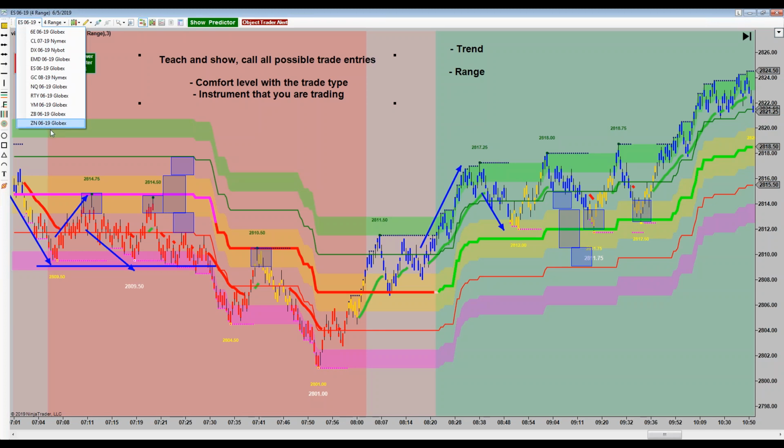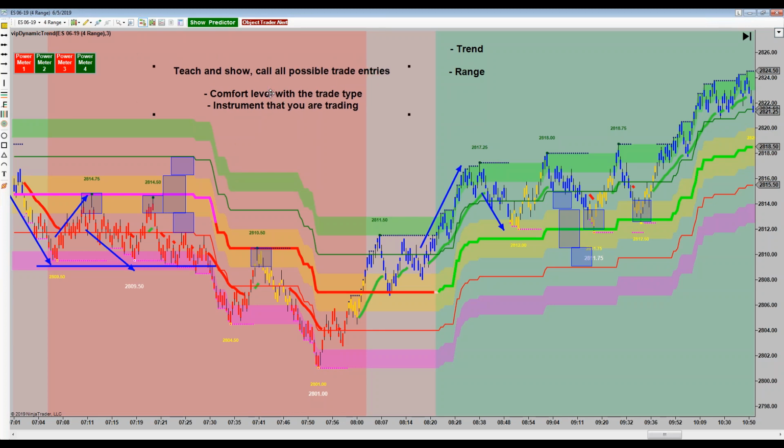MES is, and we'll talk about this more next week, the micro, which is 1/10. So right now, each point on here is $50. 4 ticks per point. Each tick is worth $12.50. Now in the micros, it's 1/10 of that. So 1 tick on a micro MES is only $1.25. It's a good way to learn how to trade if you want to trade ES, but you don't want the big risk.